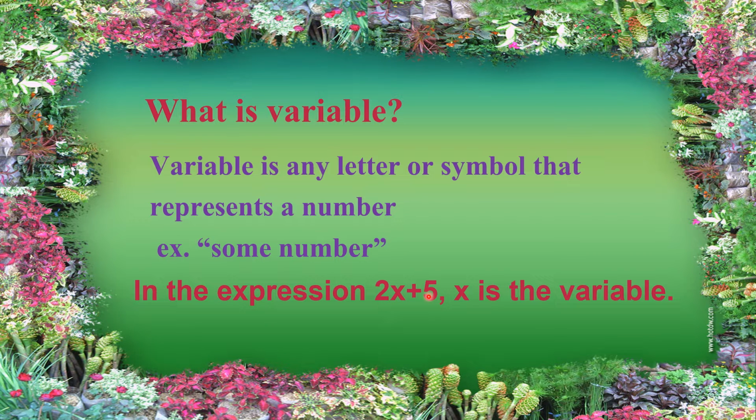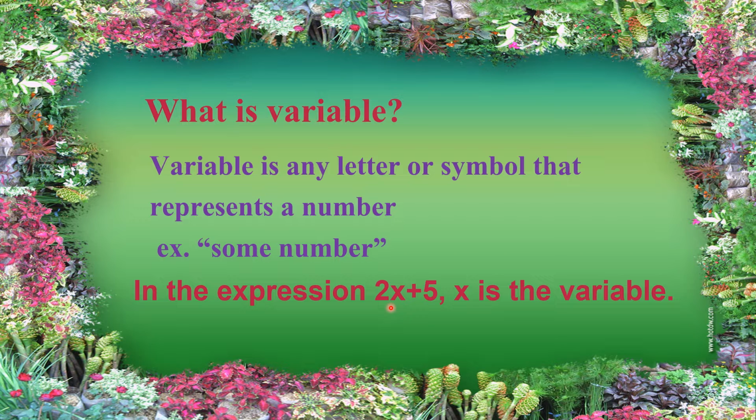So we learned numerical expression. A numerical expression consists of only numbers and mathematical operations, but an algebraic expression consists of both numbers and variables with mathematical operations. So let me ask you one question. In the algebraic expression 3n minus 2, what is the variable?